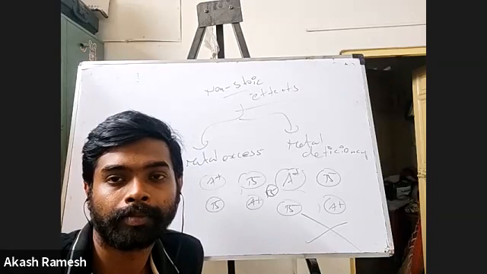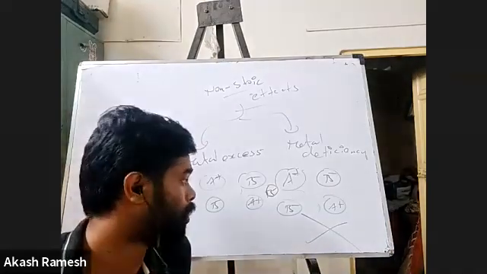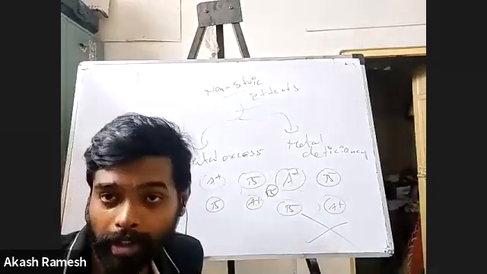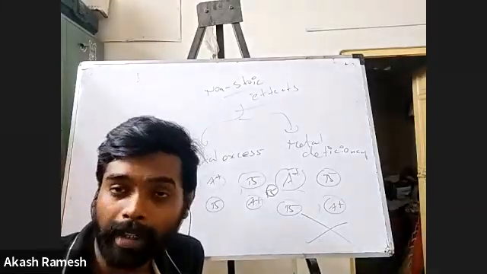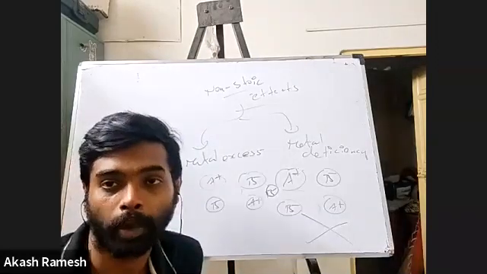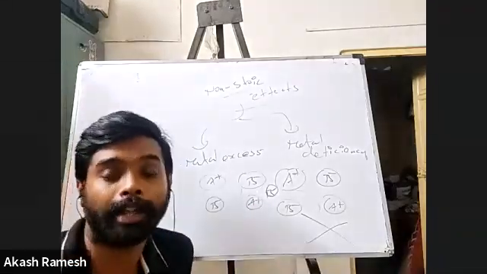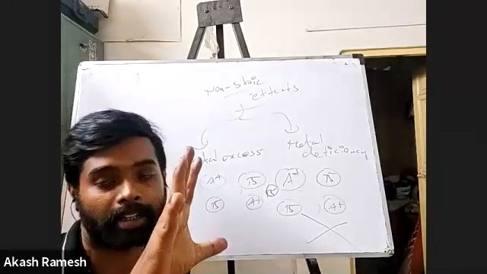Okay, so maybe I'll answer then. I know cations are smaller, so they will be able to occupy interstitial sites, but generally anions are a little bigger. So this B minus will not be able to occupy the interstitial sites because it is bigger in size.